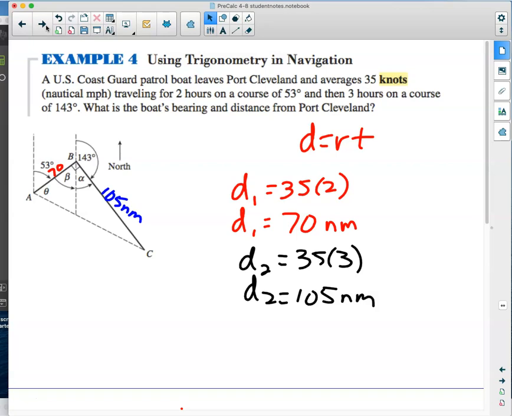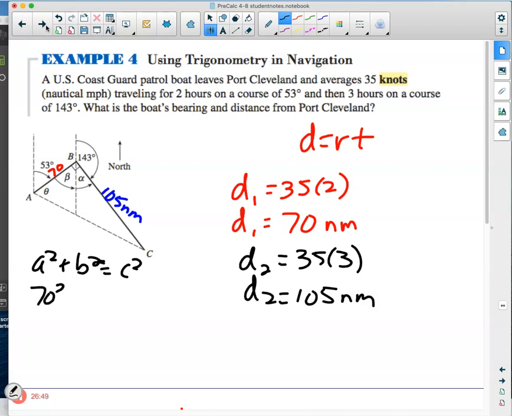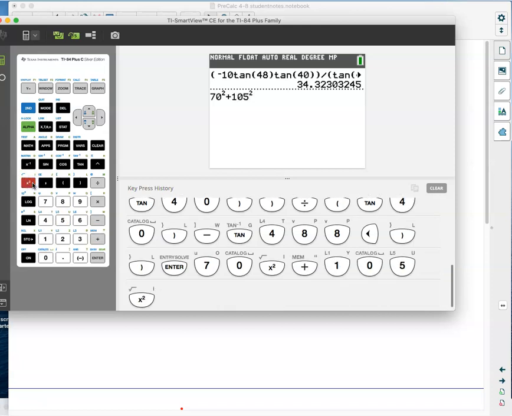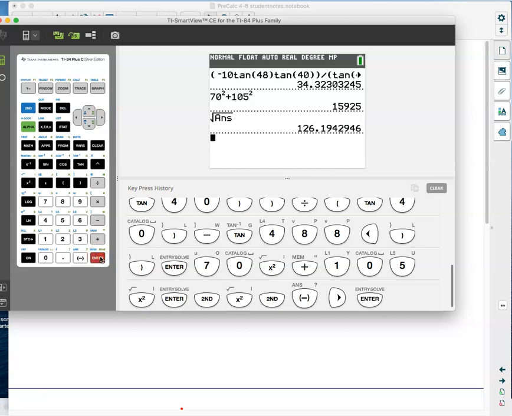A squared plus b squared equals c squared. Let's do that. 126.194.